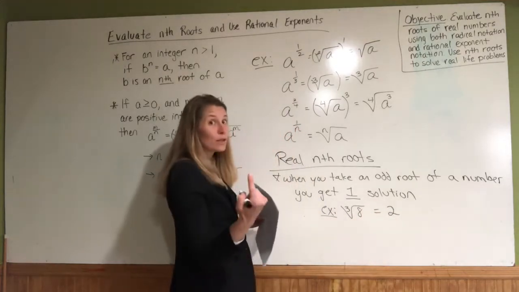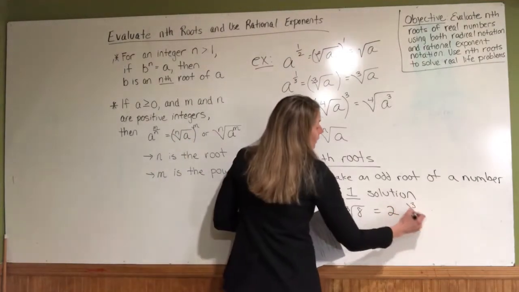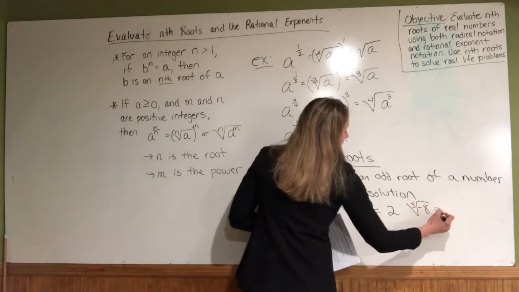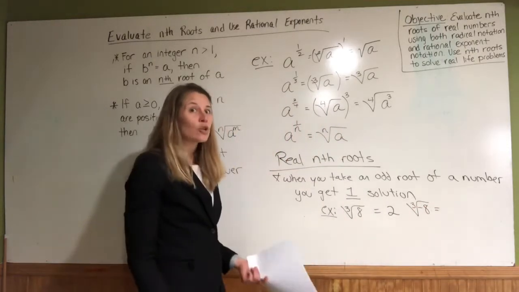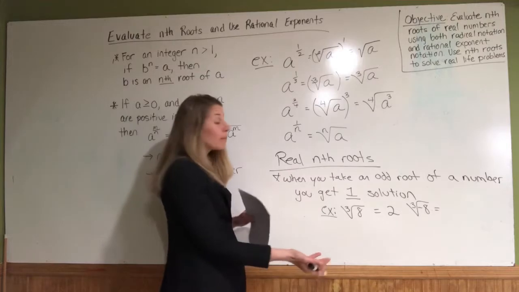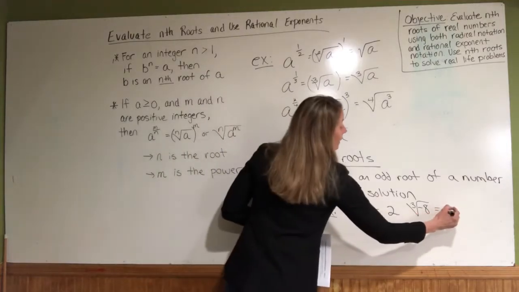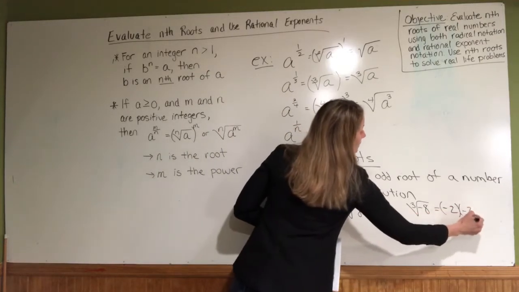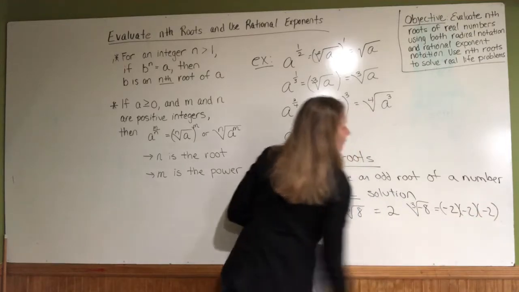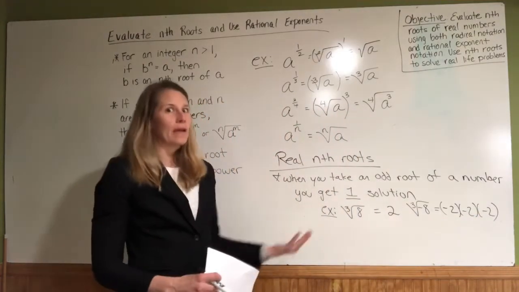So there's just one solution. If you had the cubic root of -8, for example, that can still be solved using real numbers, because -2 times -2 times -2 would also equal -8.